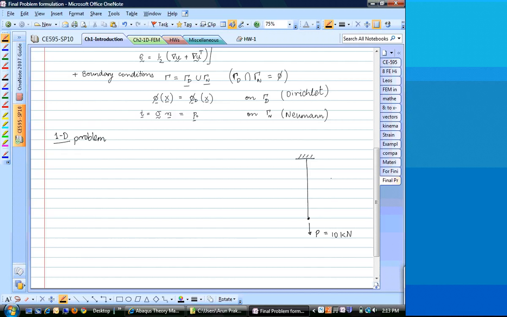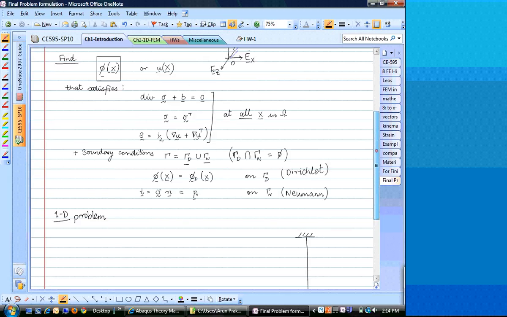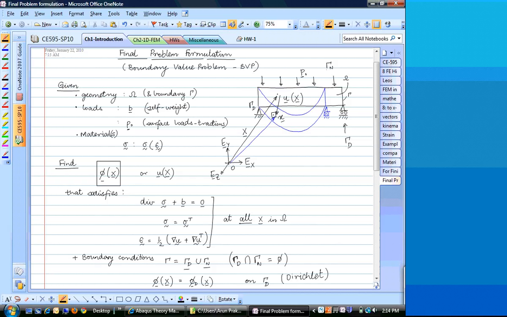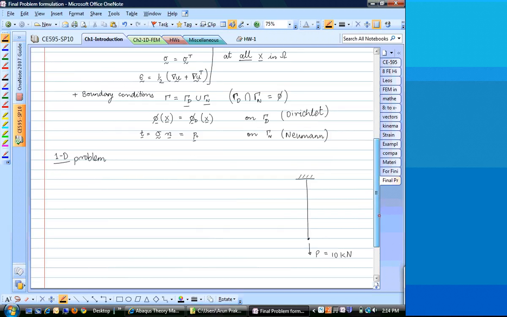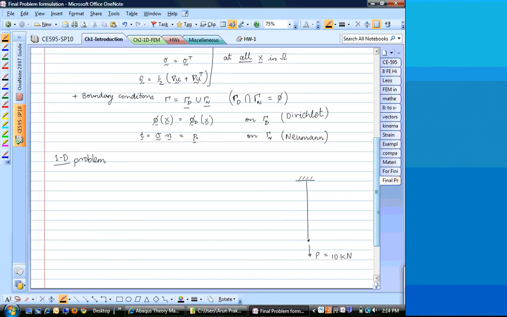So what is the equation, or how do I formulate this problem? This is a structural analysis problem. How do I formulate it in terms of what I just described? So what is the equation that I need to solve?